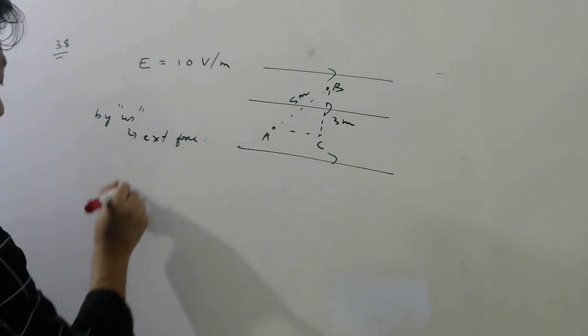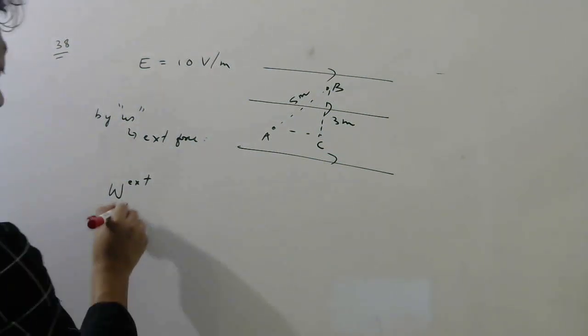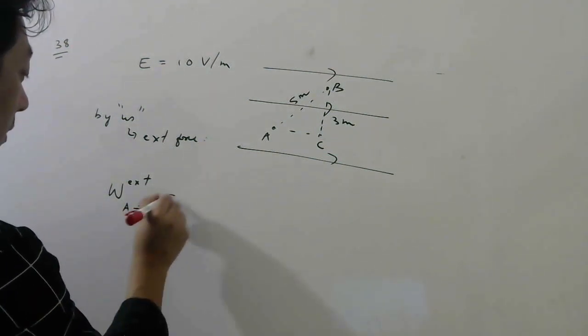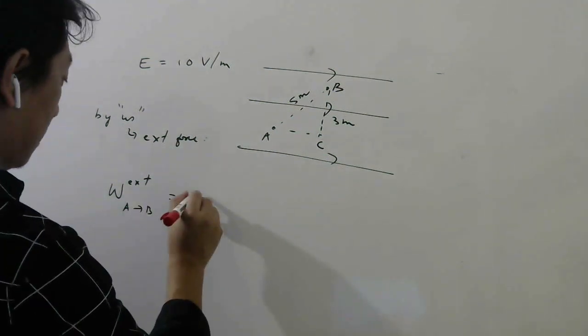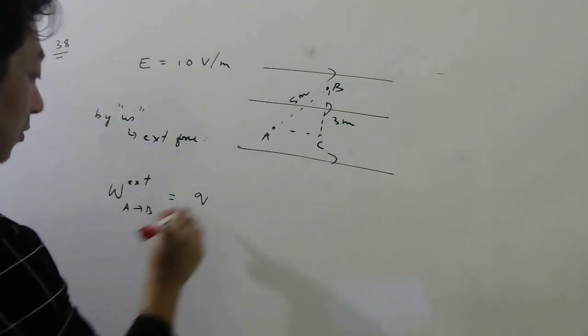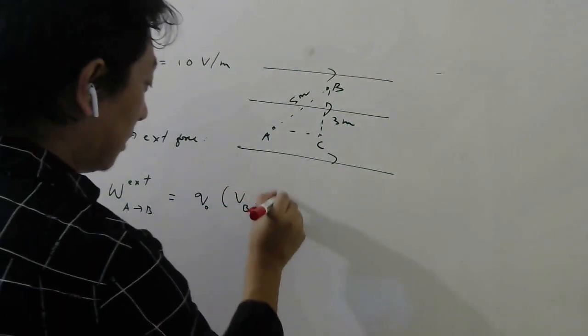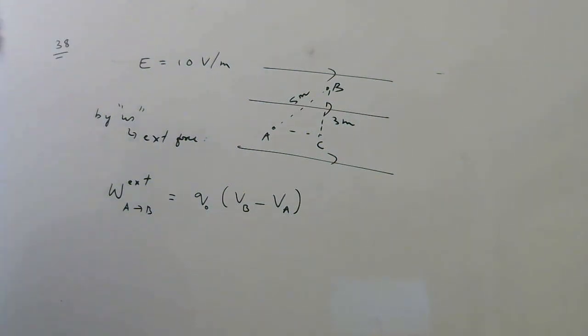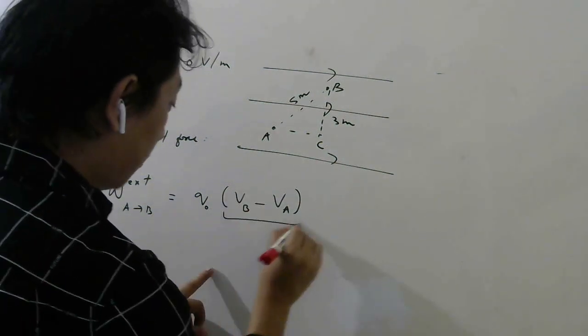Work done by external force from A to B would be equal to the charge which you move, let us say Q naught, into VB minus VA. Right? Let us first calculate this difference.